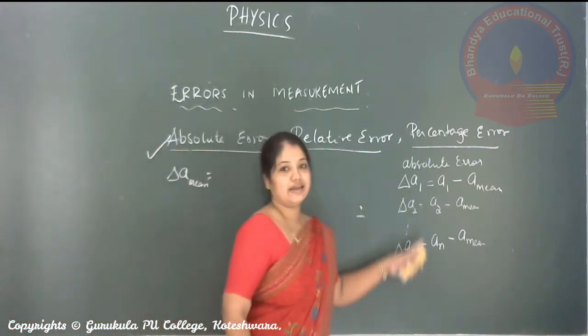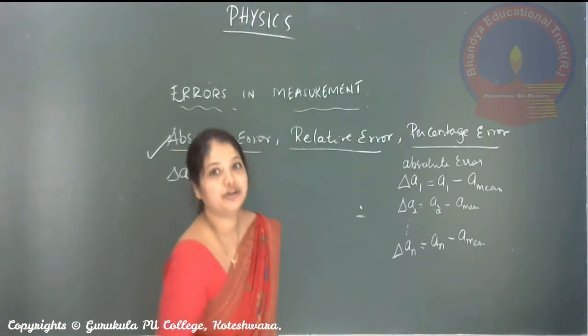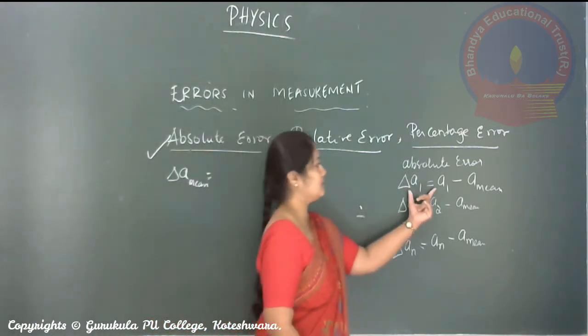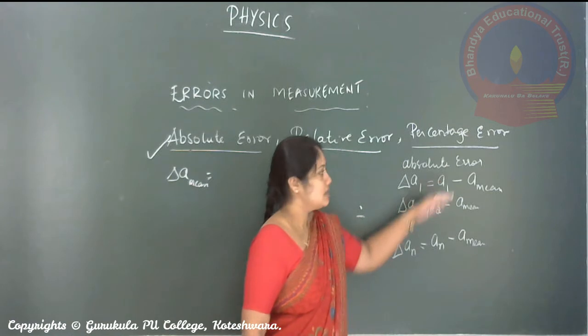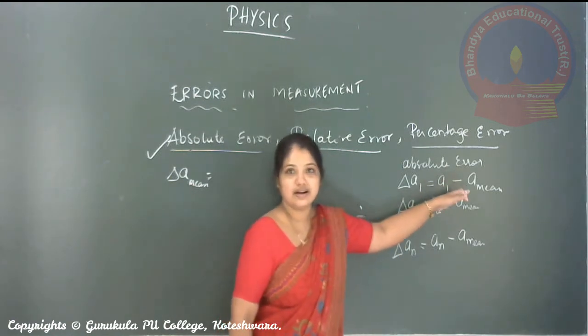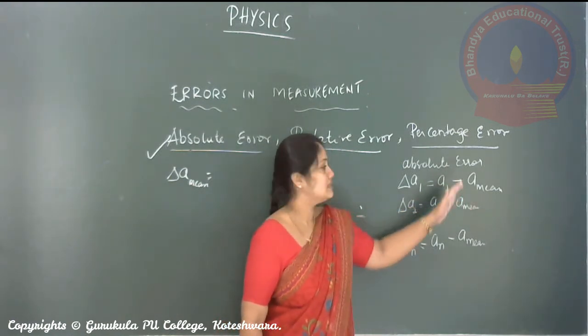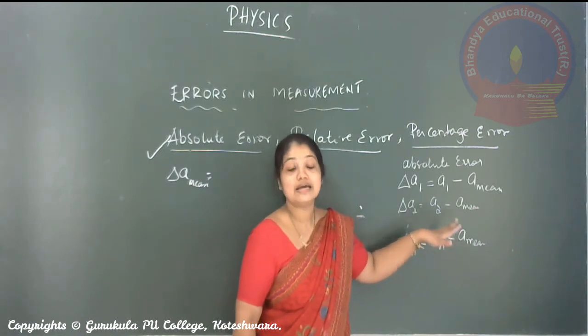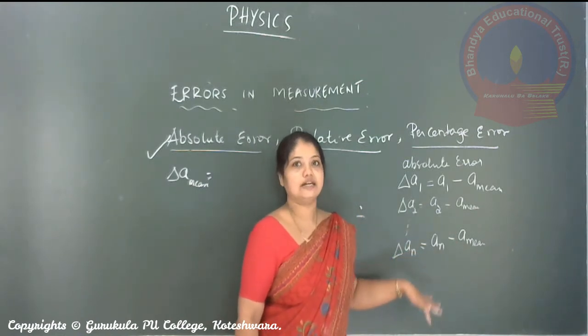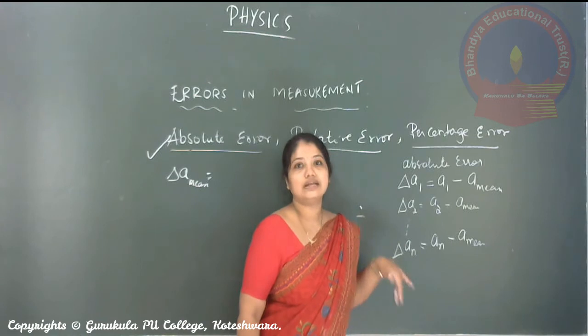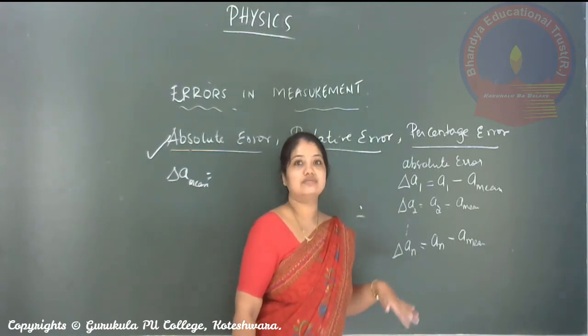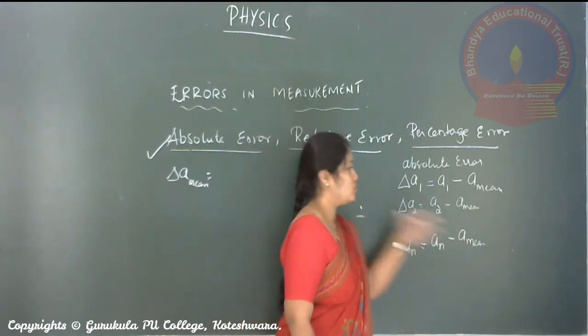This I will take as a magnitude, because if I take a difference, some numbers will be positive and some will be negative. But since I have to take it in terms of magnitude, the absolute errors will be positive.